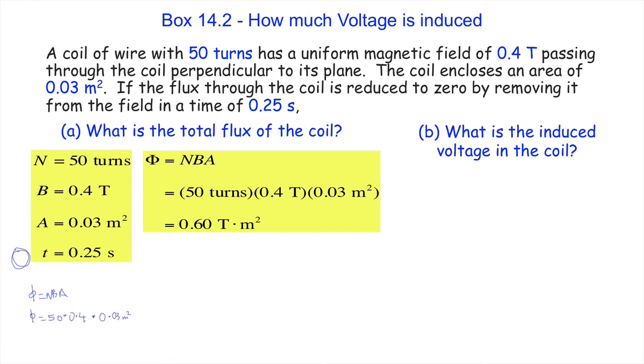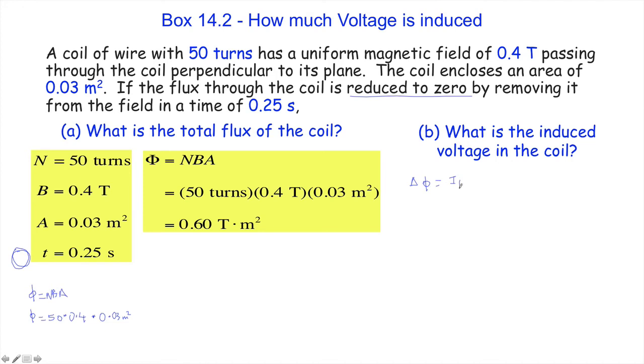Then question B says, what is the induced voltage? So for the induced voltage, you need to find the change. It literally says here the final is 0. What do we mean by the final? We need to find delta phi.